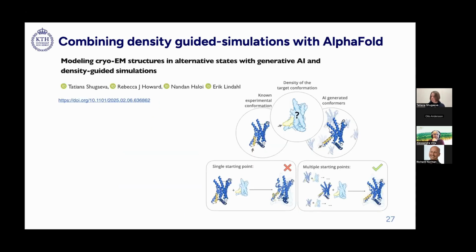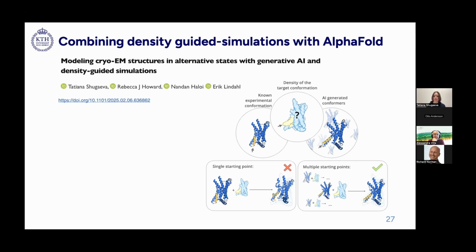Now I think I still have a couple of minutes for this section, so I can go through some of the recent preprints that came out of our lab with this density-guided simulation algorithm. In the first one, we combined this type of simulation with AlphaFold.